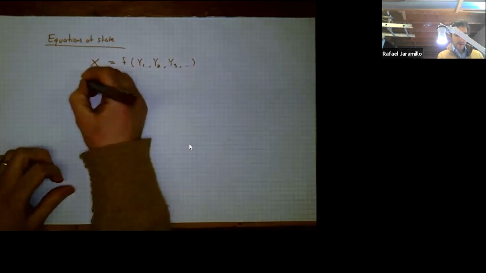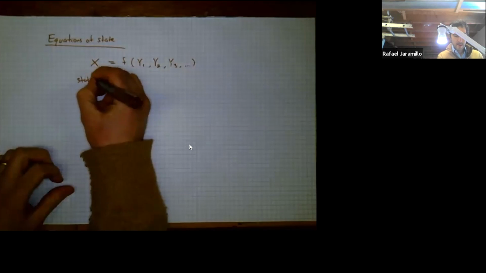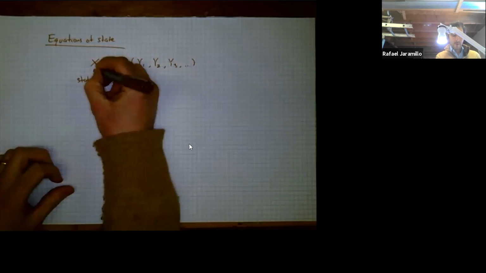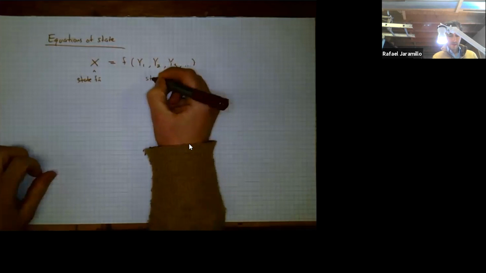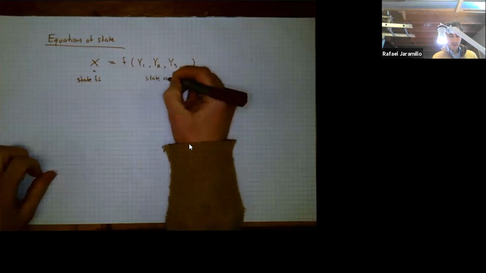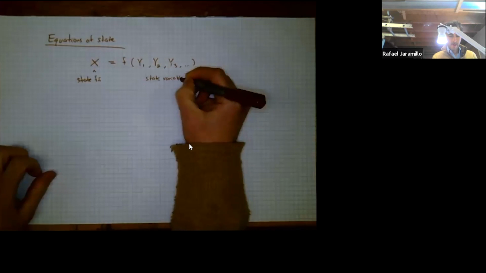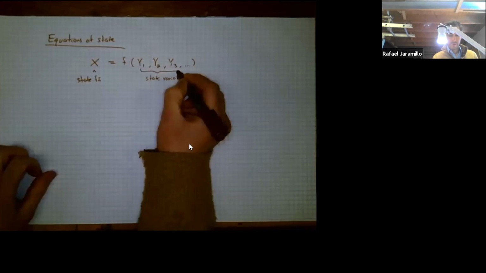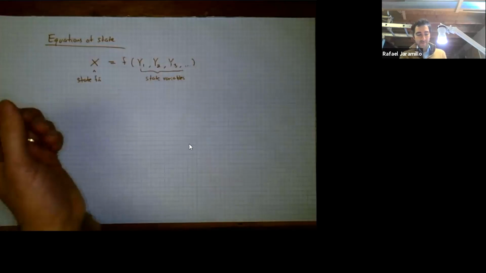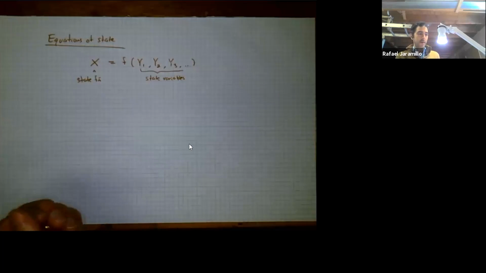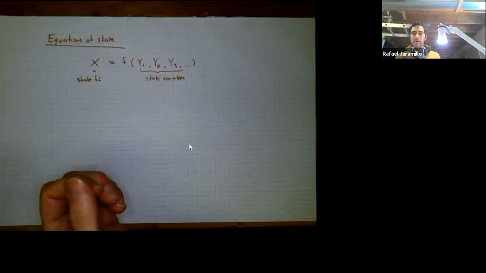Right. And in this formalism, that's a state function, and these are state variables. But I'm going to use this interchangeably, state functions, state variables. All right, so you all know one state function. What's a state function? Everybody knows. It's even on the t-shirts.